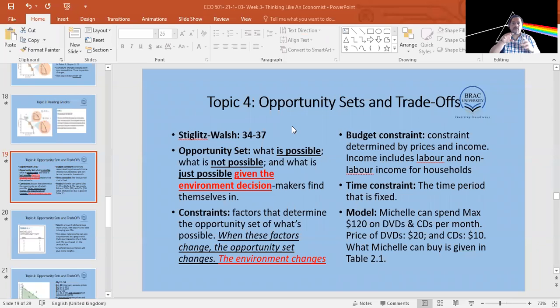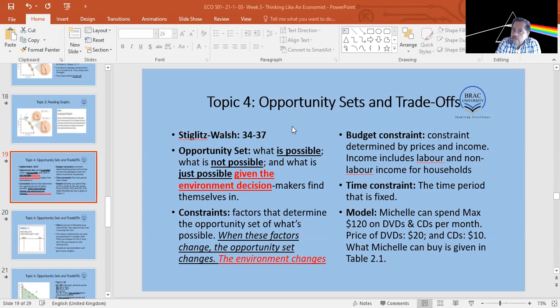If we can determine that this is the opportunity set, anything outside the opportunity set is the complement set, the set that we don't have access to. So when we define our opportunity set, we are implicitly also determining what is not our opportunity set.